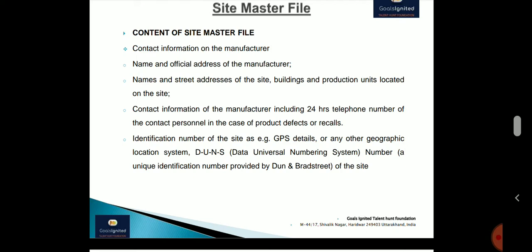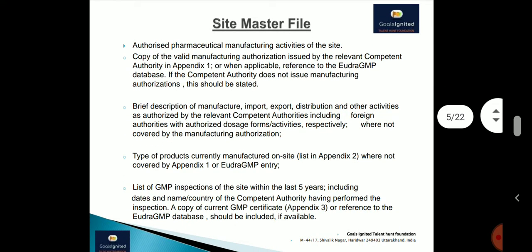DUNS is specific to each location of the site. So it is also required to be mentioned in the site master file, so that a person sitting in some other place can easily put this DUNS number in the system and locate the site. So the DUNS number is required to be mentioned in the site master file as an update of the regulatory requirement.